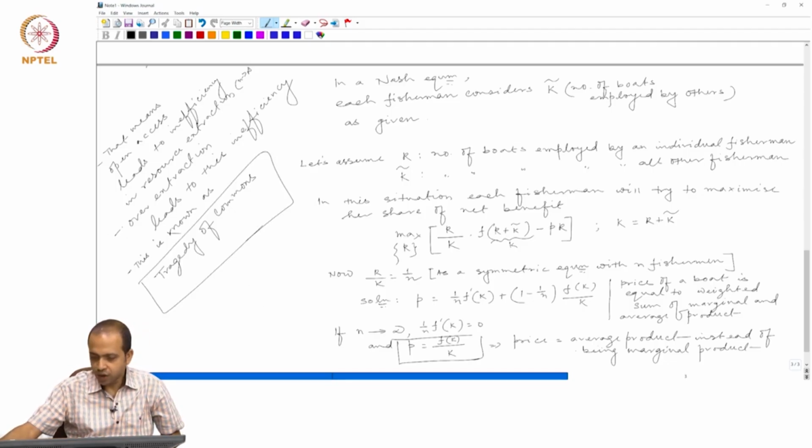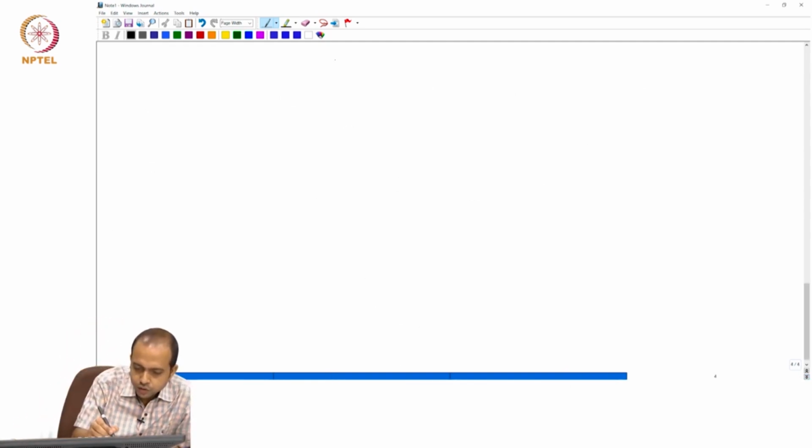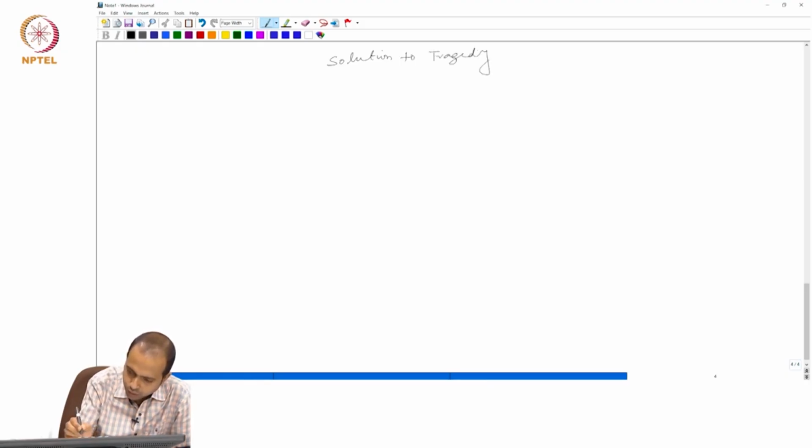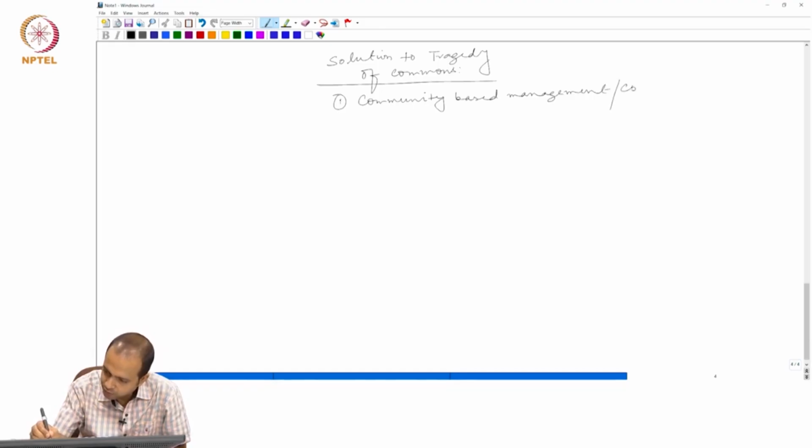Then the next question comes, how do you solve this tragedy of commons? Solution to tragedy of commons: community based management, or collective action.